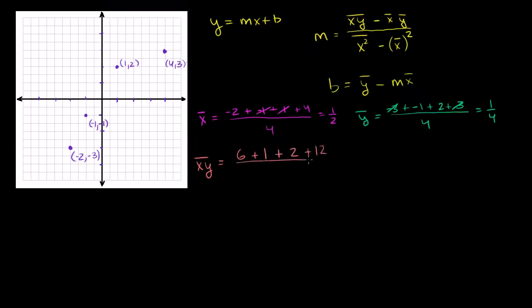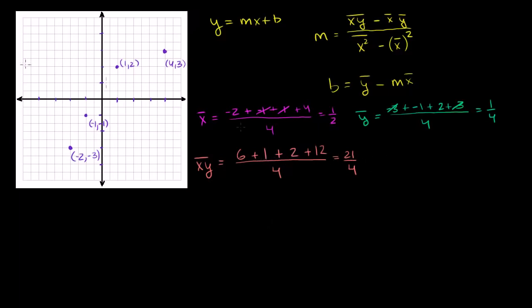And we have 4 of these points. 6 plus 1 is 7. 7 plus 2 is 9. 9 plus 12 is 21 over 4. Did I do that right? 7 plus 2 is 9. Yep, 21 over 4.